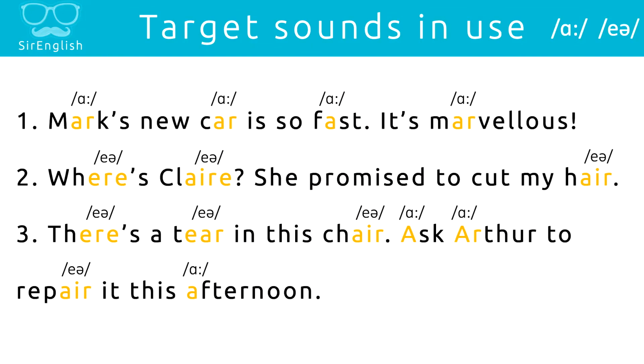But after practice, and when you start to notice the spelling rules, you will master these rules, okay? You'll master when to pronounce the R and when not to pronounce it, when to just use a long vowel sound, for example. So let's look at the target sounds in use now.